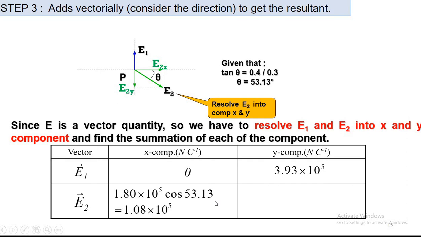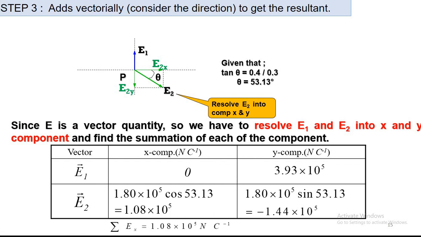You get 1.08 times 10 to the power 5. E2 Y component. Please remember your E2 negative, 1.8 times 10 to the power 5 sine 53.13. Negative here, you get 1.44 times 10 to the power 5.